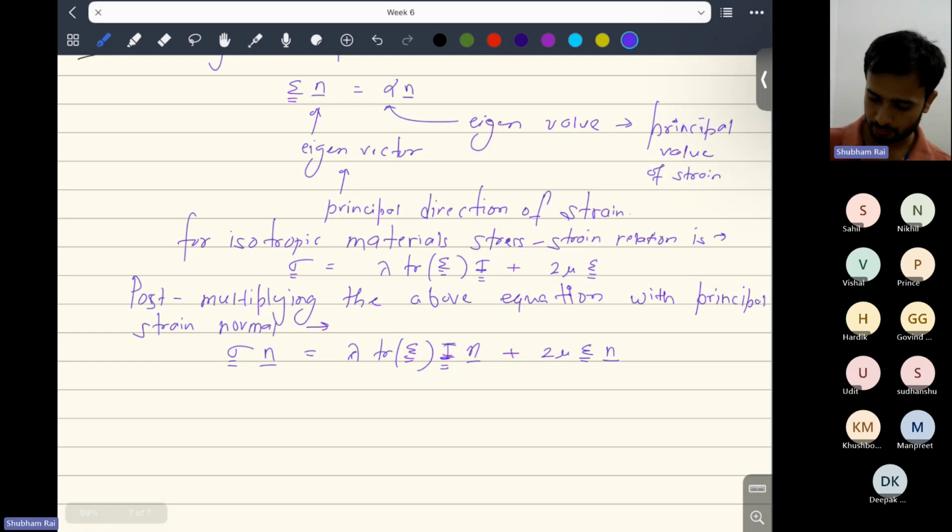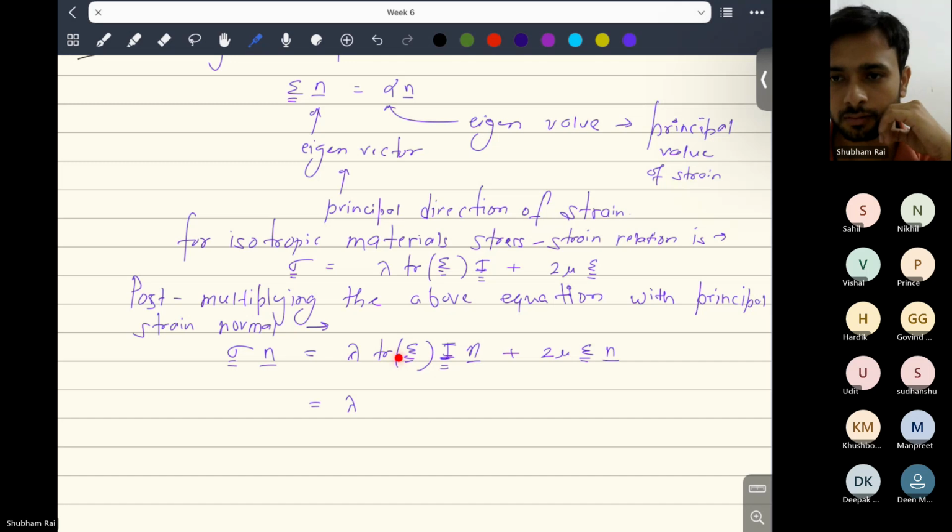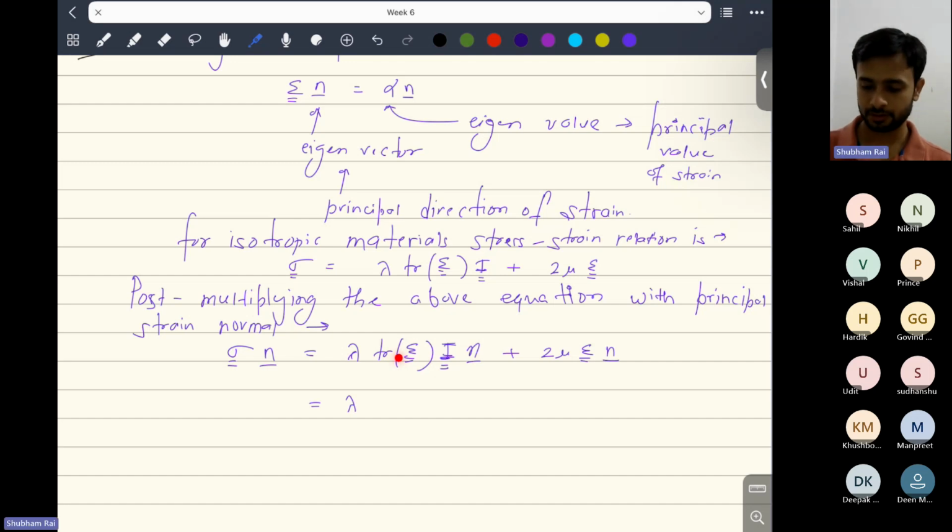Now if you see, lambda times trace of epsilon is an invariant. So it doesn't matter in which coordinate system you take, it is going to be the same, whether XYZ coordinate system or principal coordinate system. So now I'm assuming that it is the principal coordinate system of strain.